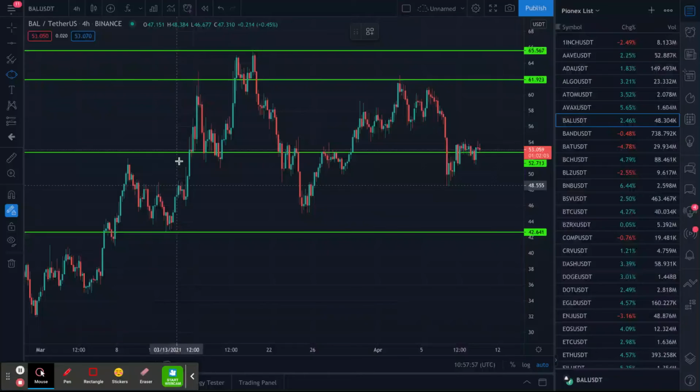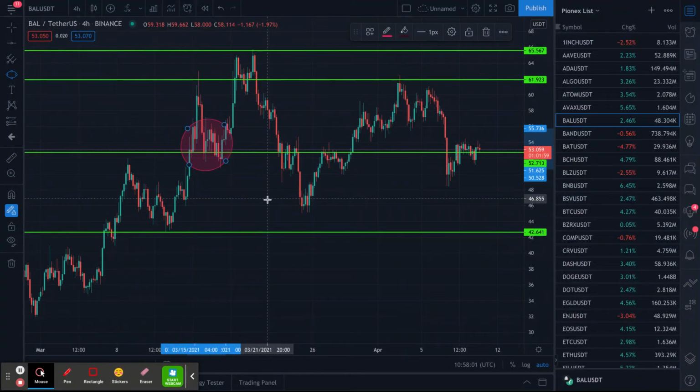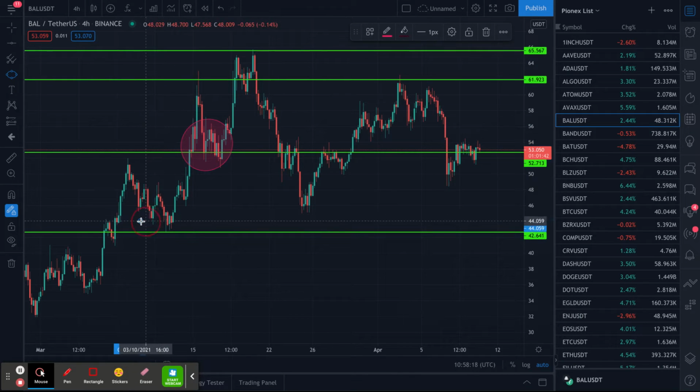Let's throw some shapes down. So right in this area, they had some trouble. They hit this line. They bounced through it, came up. So starting over here.